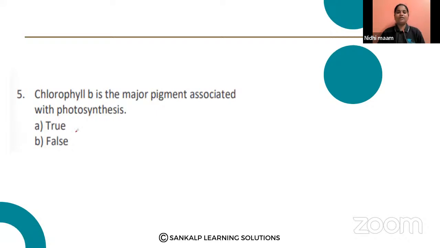Next question. Chlorophyll B is the major pigment associated with photosynthesis. So we have various pigments, chlorophyll A, B, D, E, right? Among them, they say chlorophyll B is the major pigment in photosynthesis. Is this statement true or false?